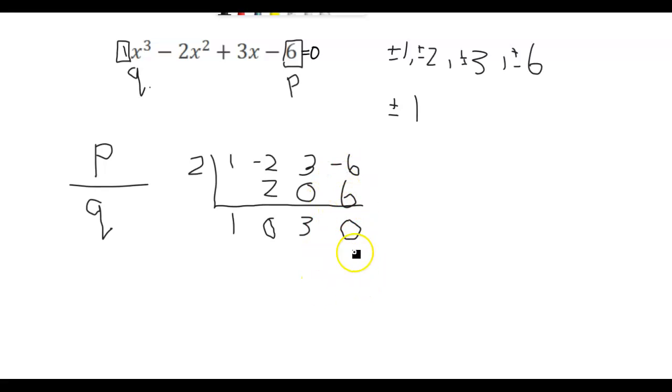So the last one should always come out 0 here, which means that our new polynomial that's going to be 1 degree less than our original is going to have the coefficients of 1, 0, and 3. So since it's one exponent less, this is going to be a 1x squared, which is just x squared. There's going to be no x term, and then it's going to be a plus 3.